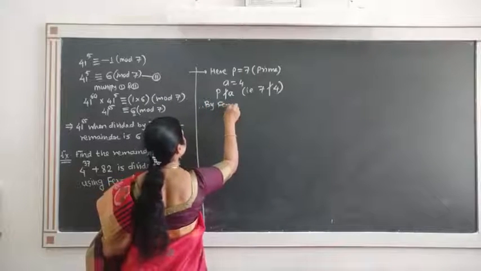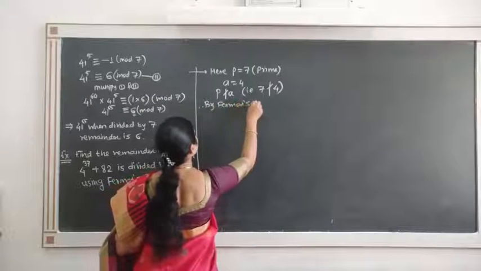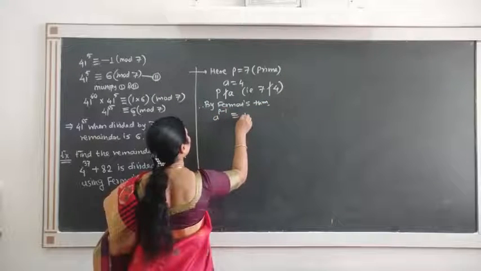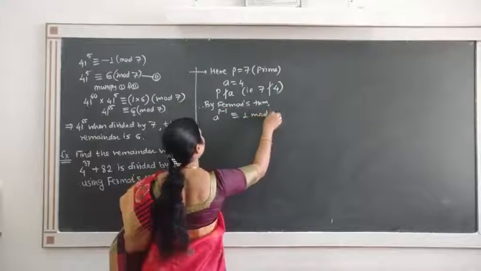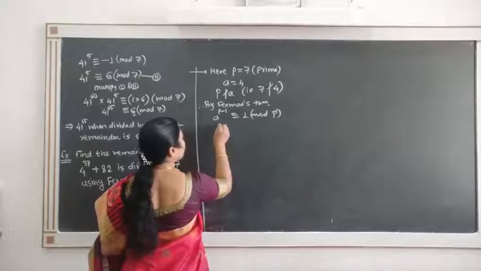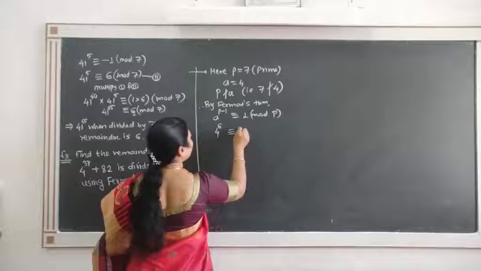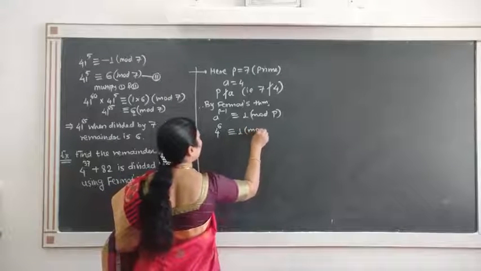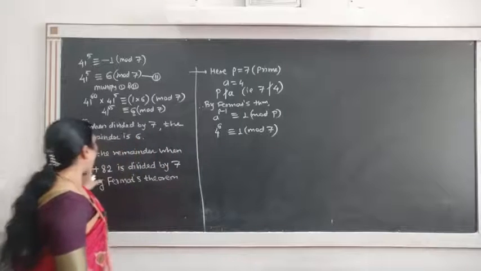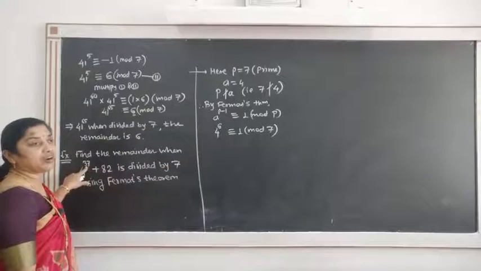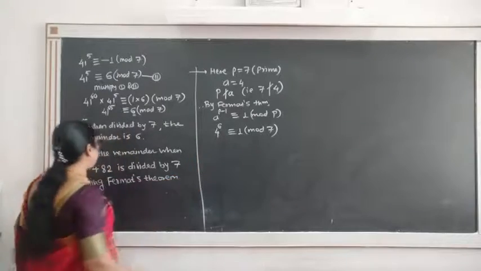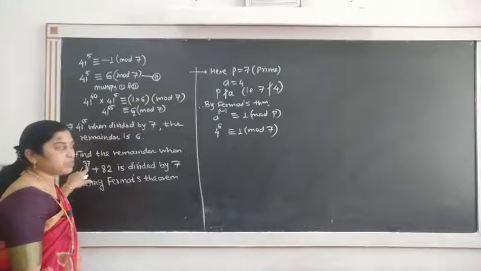So by Fermat's theorem, A raised to P minus 1 is congruent to 1 modulo P. That is, 4 raised to 7 minus 1, which is 6, is congruent to 1 modulo 7. Now we want the power of 4 to be 37. So find a multiple of 6 which is nearer to 37.